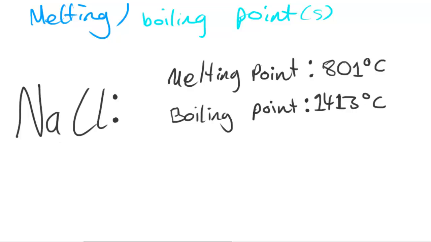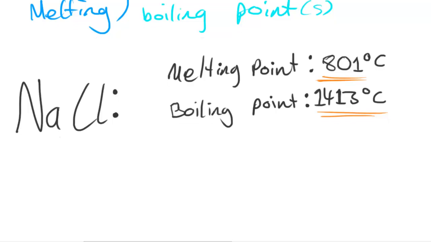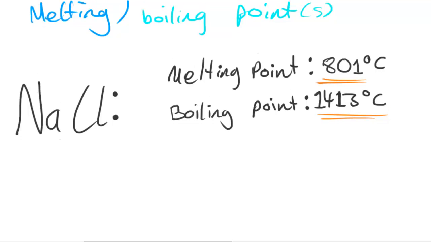The electrostatic forces are strong, and these very strong electrostatic forces have to be overcome in order for melting or boiling to occur. Because they're so strong, a lot of energy is needed to make this happen. And so the melting and boiling points are really high. The melting point is 801 degrees centigrade, and the boiling point is 413 degrees centigrade. So those are really high for pretty much all ionic compounds.